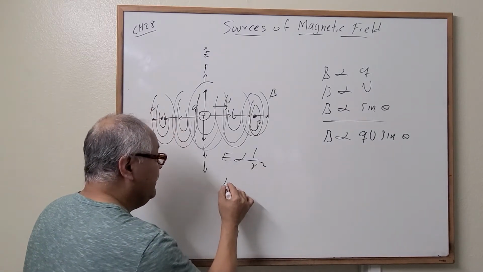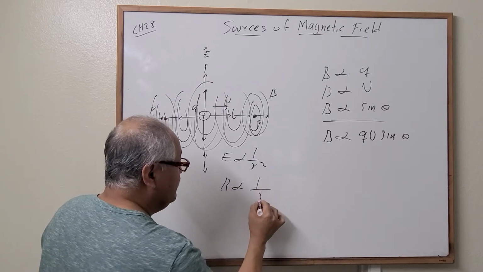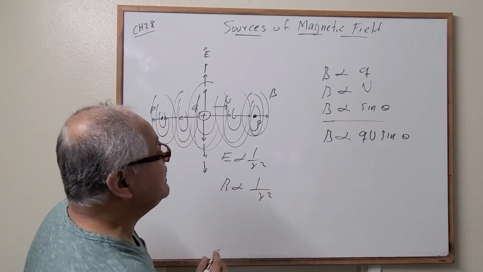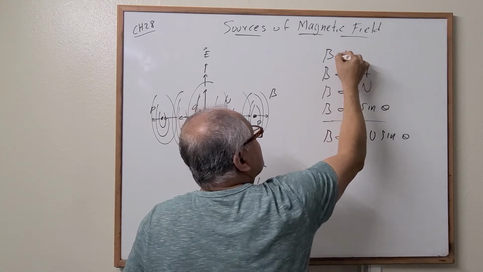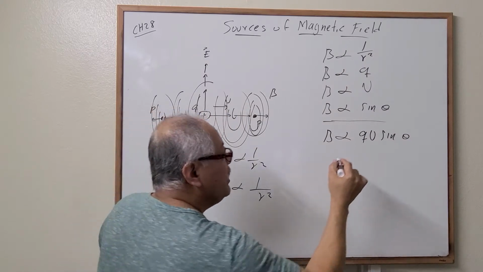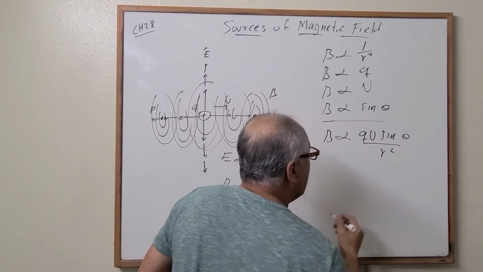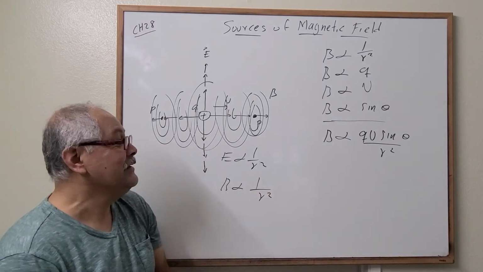So the magnetic field is also inversely proportional to the distance squared. Now let's write this property too: it is proportional to the inverse of distance squared. So we can then relate these four quantities to the magnetic field.